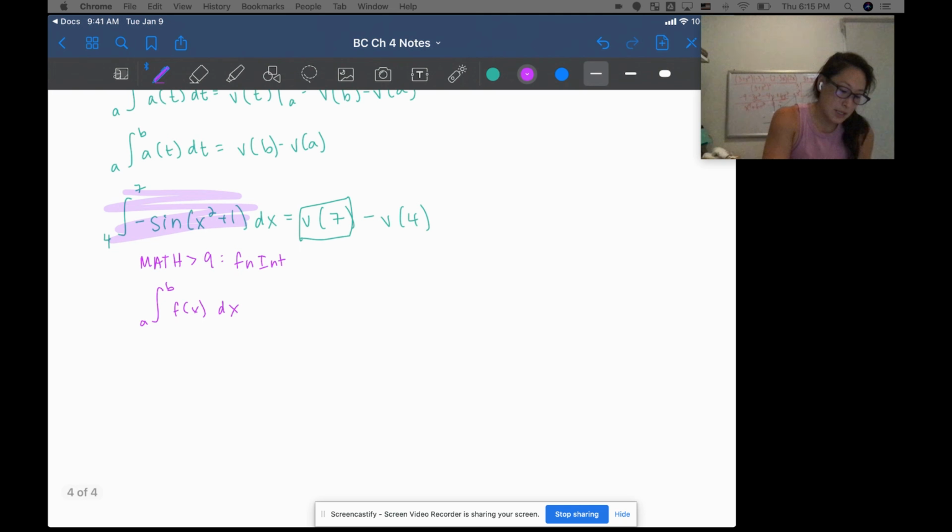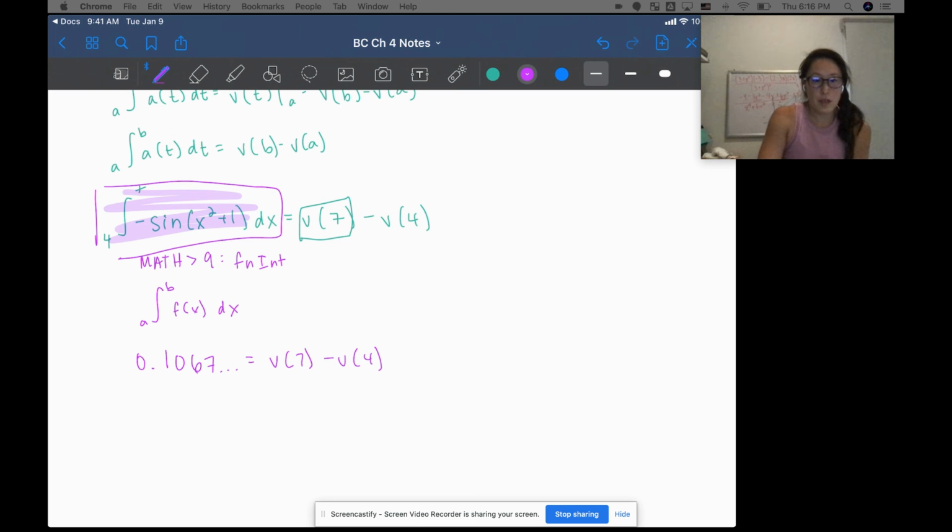So we would just plug it in exactly like it looks up here. And when I do that, I got 0.1067... And so that's going to equal v of 7 minus v of 4.